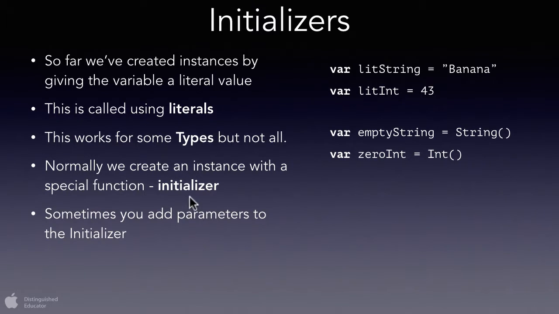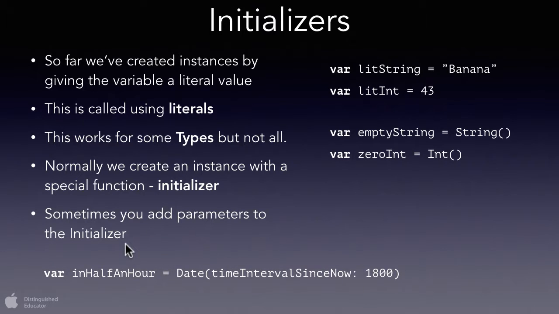Sometimes you add parameters, like in this case with the date. Like you can see here, you have string, which is basically the name of the type, and start and end parentheses, and also the same with the integer. These two are initializers, and what they do is they create a new instance of the string type and put it into this variable.